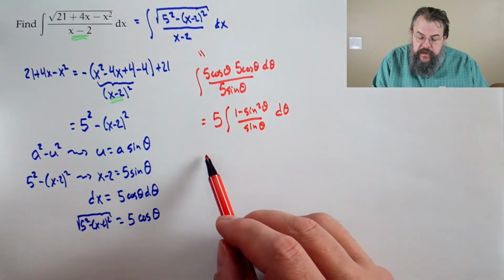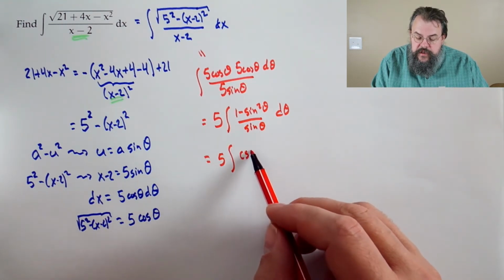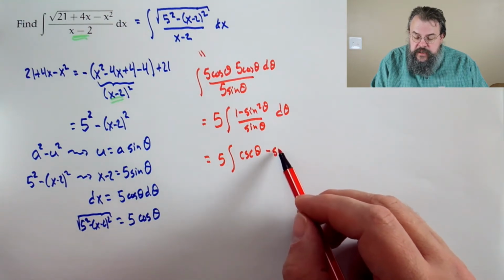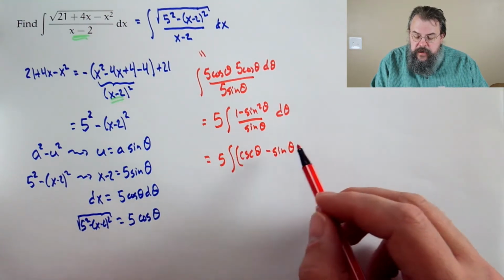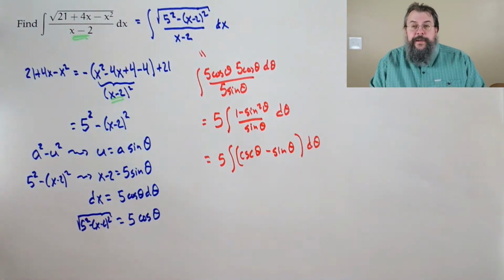And then we can say, well, look, that's the same as 1 over sine, which is cosecant, and sine squared over sine, which is sine. And there we go. Now, this is where things get interesting.